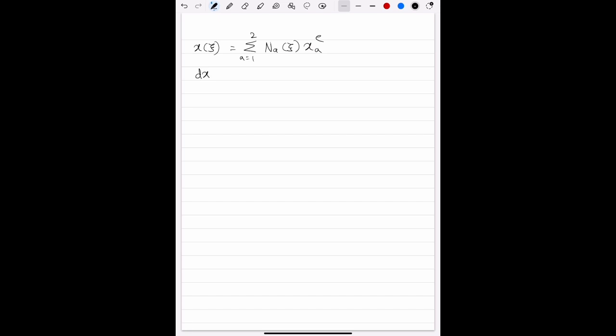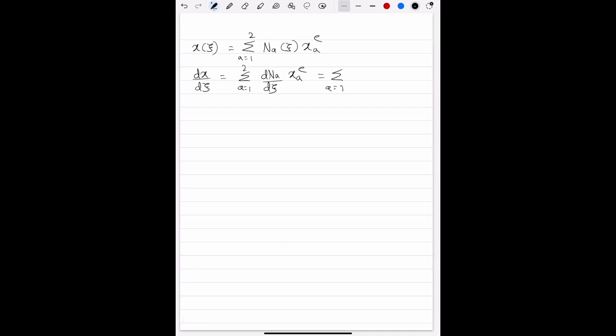If we take the derivative of this, we get that dx/dpsi is equal to the summation over A equal to 1 to 2 of dN_A/dpsi x_A^e, and we know that dN_A/dpsi is (-1)^A/2. This can be expanded as (x_2^e minus x_1^e)/2, which is nothing but h^e/2, where h^e is the width of element e.